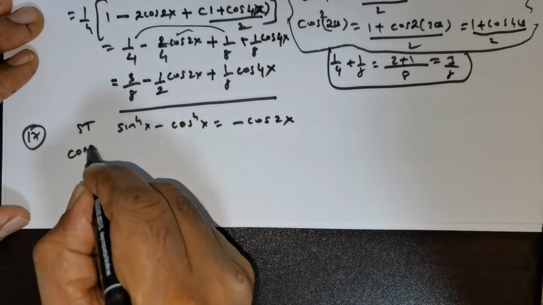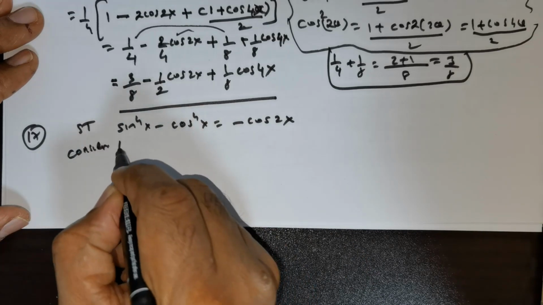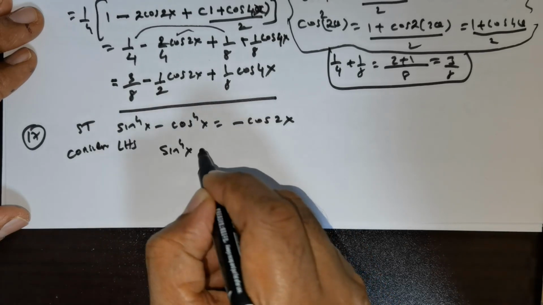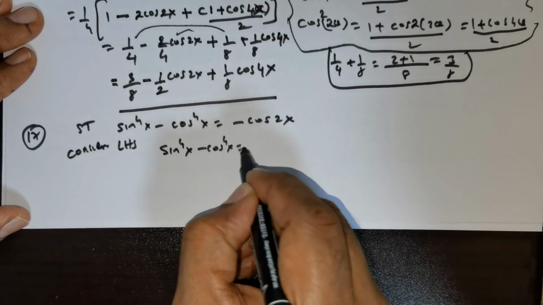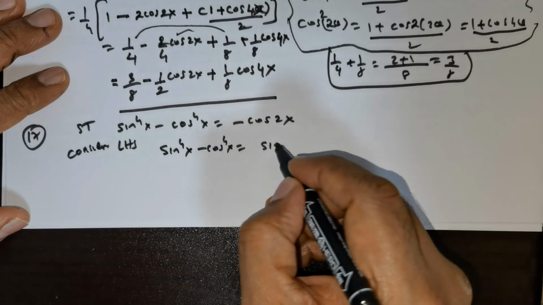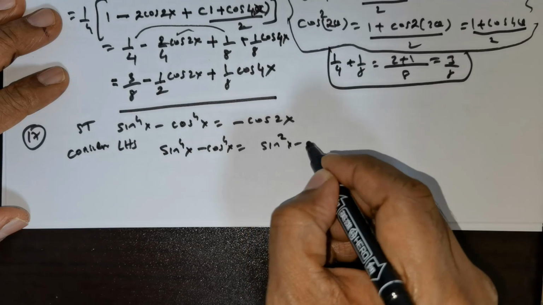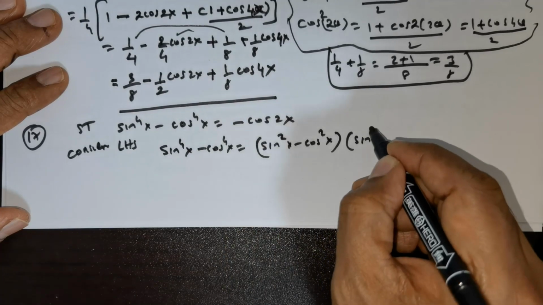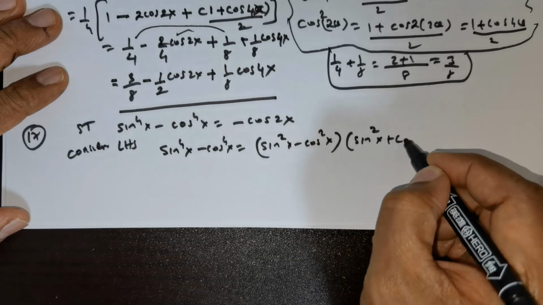So you can start off by considering the left hand side, which is sine raised to the power of 4x - cos raised to the power of 4x. So I can rewrite this as sine squared x - cos squared x multiplied with sine squared x + cos squared x.